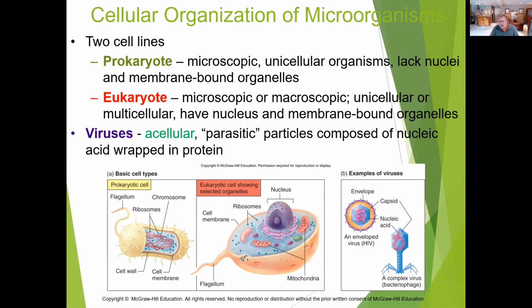But note that both of them contain a nucleic acid core, illustrated here in the red. So this is going to be either DNA or RNA. In the case of the bacteriophage, it's DNA. In the case of the HIV virus, it's an RNA virus. And then we have an outer protein coat, illustrated here in blue.